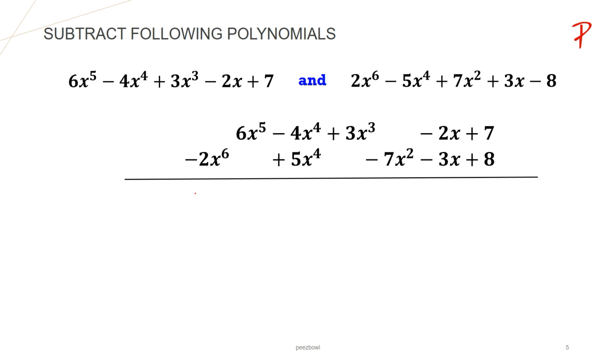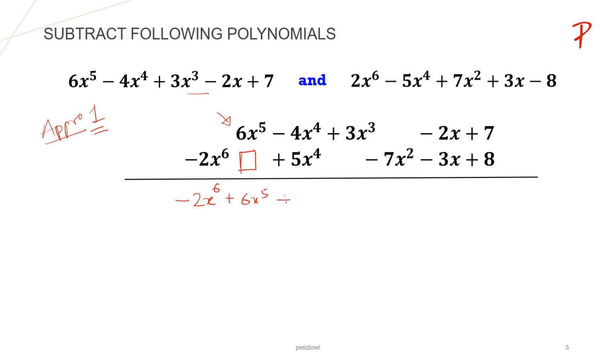Okay, let us quickly review what we have seen. So first I have taken approach 1 here. You can take approach 2 also. First polynomial we have written as it is, and for the second polynomial we have written it after distributing the negative sign. Okay, so minus 2x to the power 6 we got it, then 6x to the power 5 because we do not have anything below 6x to the power 5 in the second polynomial.